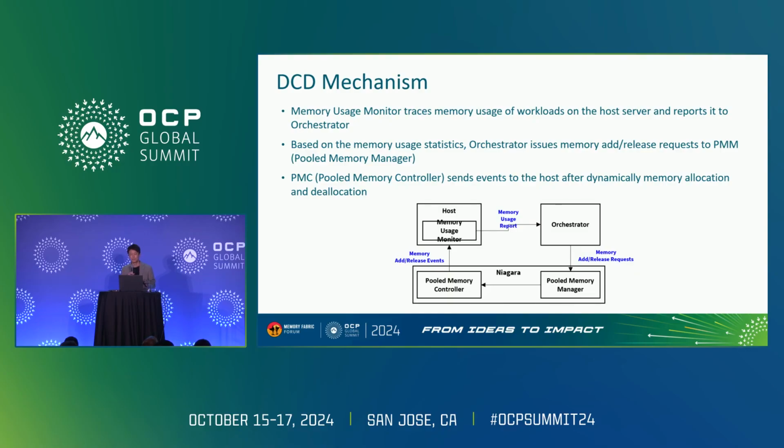So if the memory usage reaches either the high or low watermark, then the orchestrator can request a memory add or release to the pooled memory manager. And then our pooled memory controller actually allocates and deallocates the memory resources for a specific host dynamically, and then sends that result as an event to that host server.